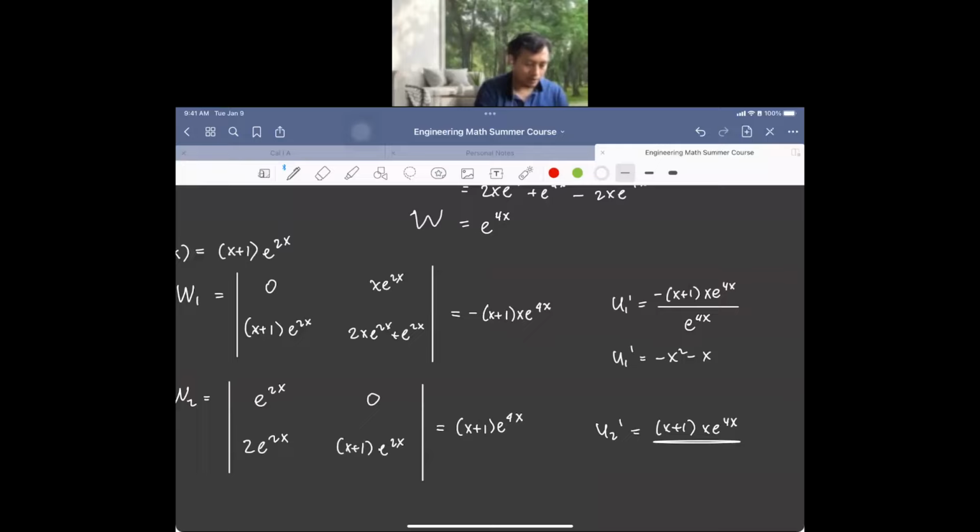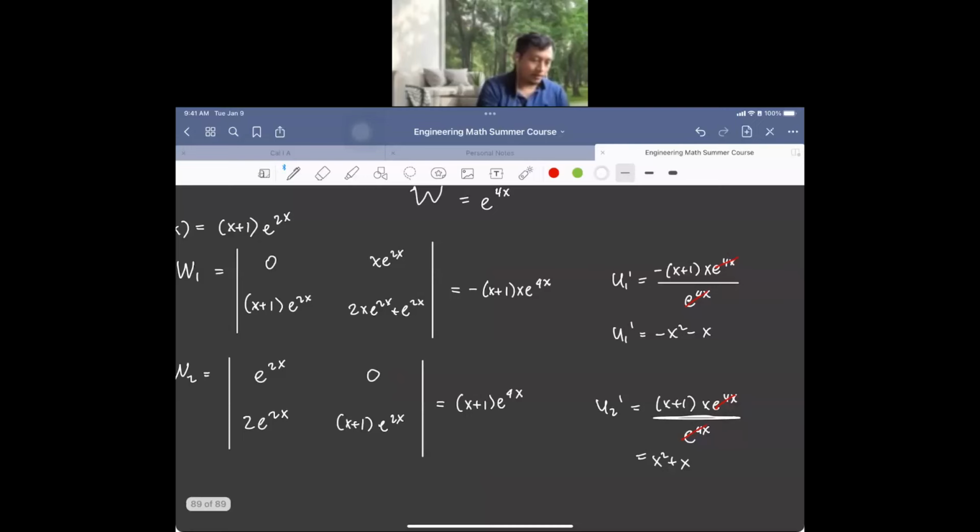The u2 prime is x plus 1 x e to the x. This is, I think, an easy example just to see how it works and what the pattern is and what you need to keep in mind for the Wronskian, right? And this will be x squared plus x.